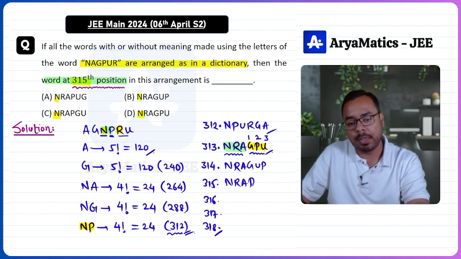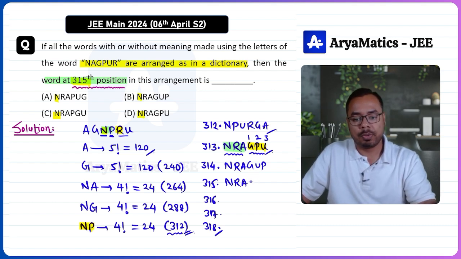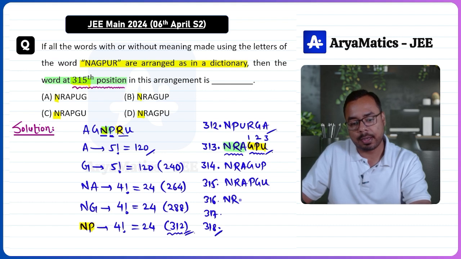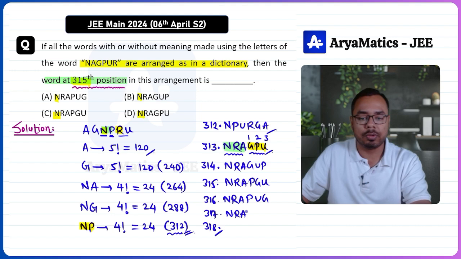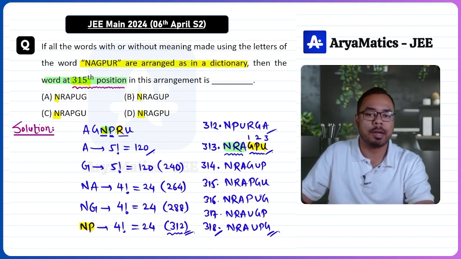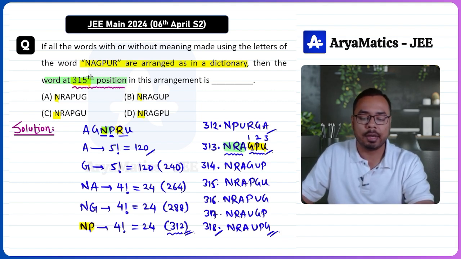So 213 means PGU, and then 231 means UZ P, next NRA with 312, and 312 means UGP, and finally the last one, NRA and then 321, which means UPG. So in this manner, you can write all the words starting with NRA.